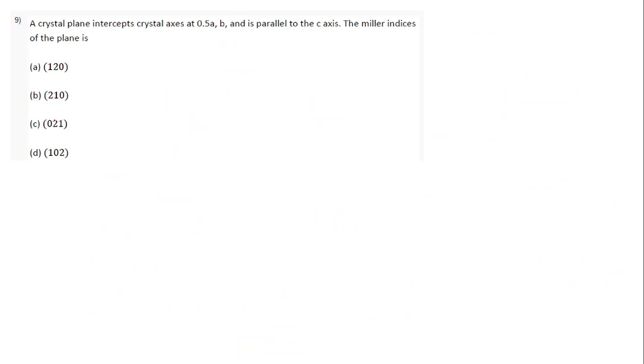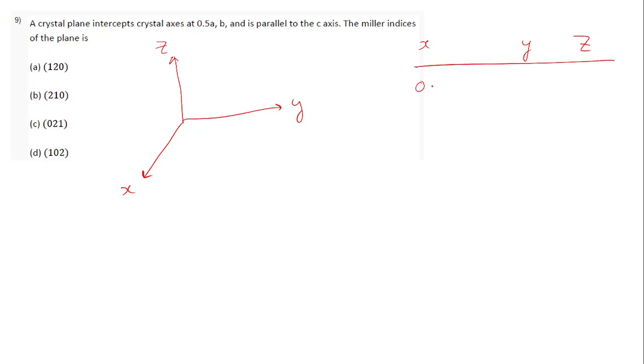Our next question. A crystal plane intercepts crystal axes. So these are our axes, X, Y, Z, and there is a crystal plane which is intersecting the x-axis at 0.5 a intercept, the y-axis at b, and the z-axis, oh, it's parallel to the c-axis, meaning the z-axis.